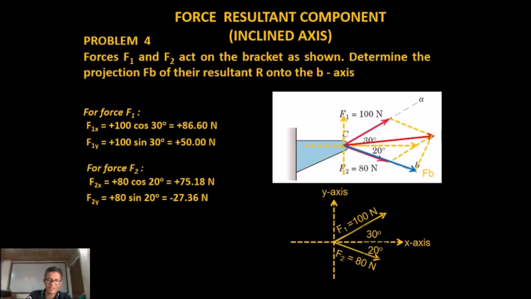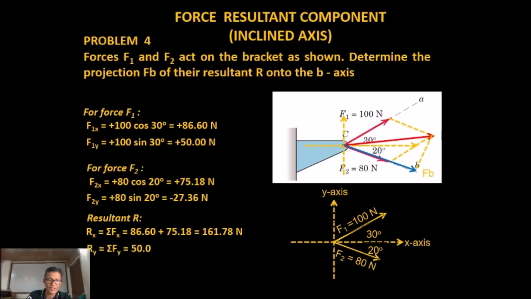Then after that, since ang solution natin is solve for R, let us use Pythagorean theorem. So we have, by the way, Rx will be equal to the summation of Fx, and that will be equal to 86.60 plus 75.18, and that is equal to 161.78 newtons.